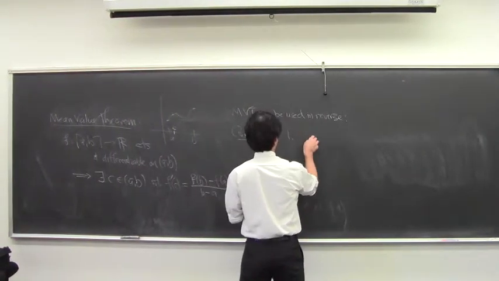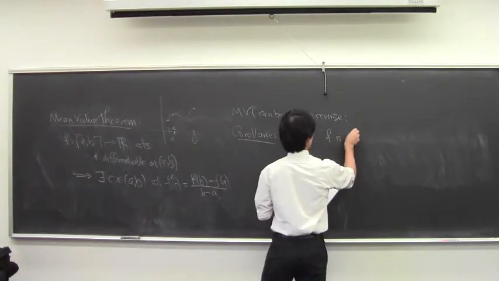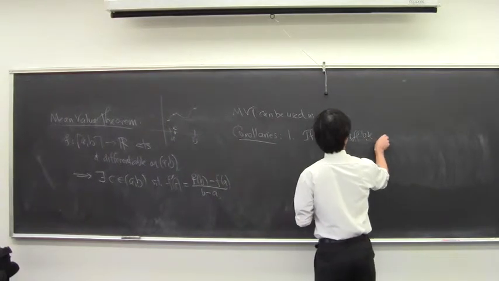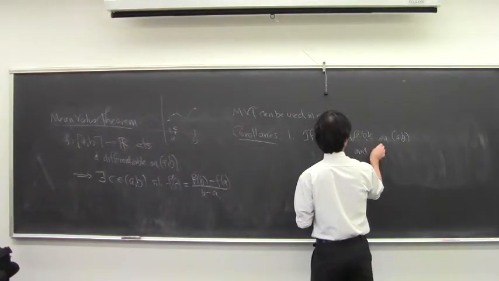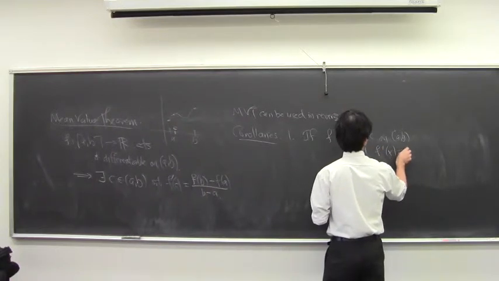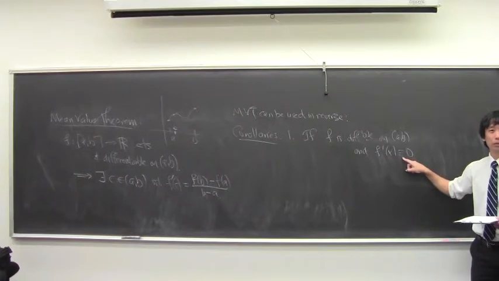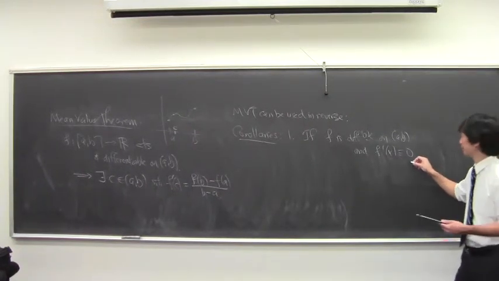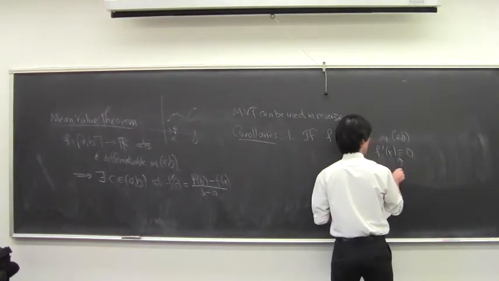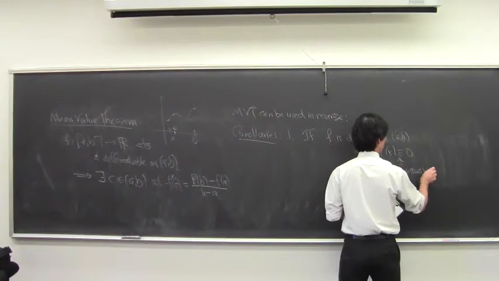The first is the following. Say f is differentiable on (a, b), and f prime of x is identically 0 everywhere. This triple equals sign means is constantly equal to.